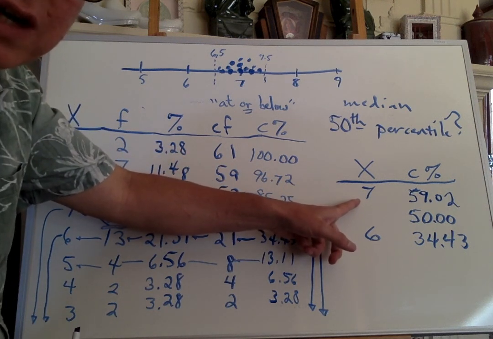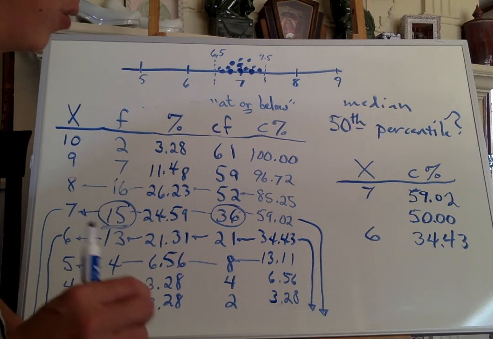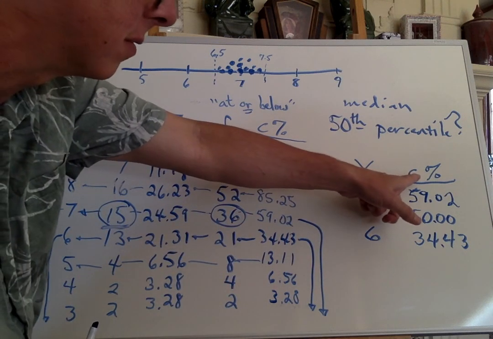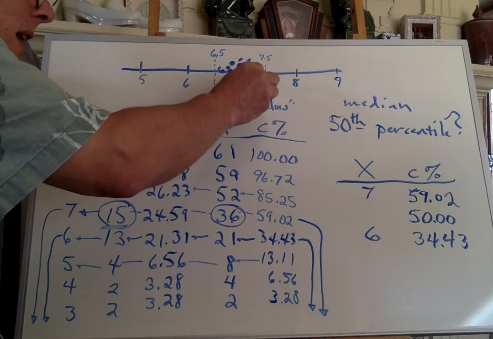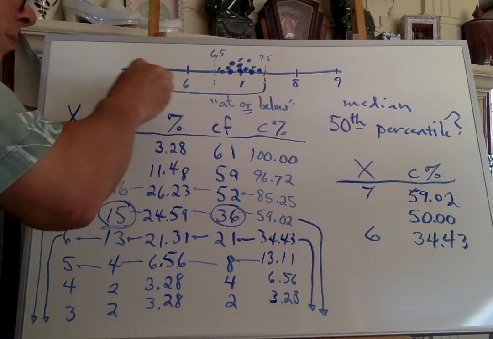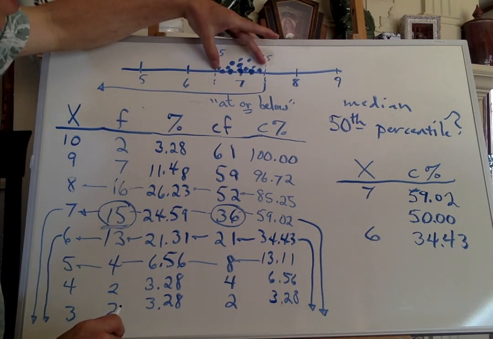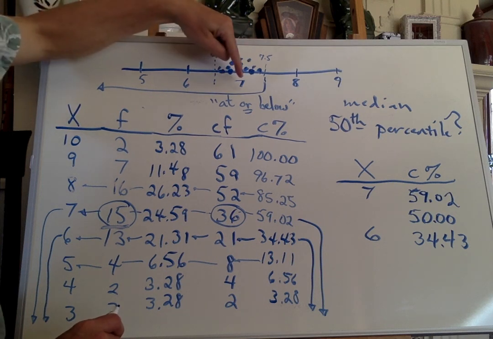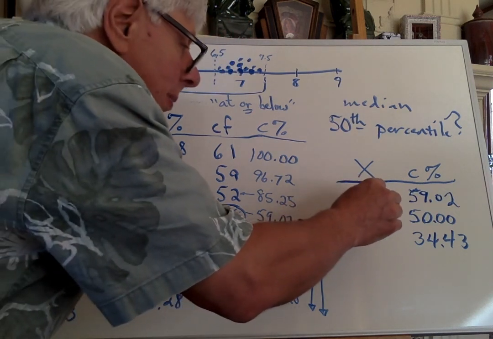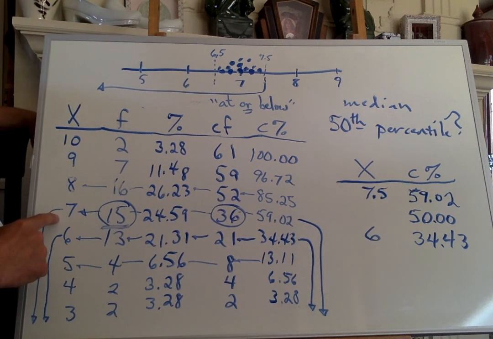I have to be a little bit more careful. Well, what should I say? Well, listen, we have a little bit of help here because this is cumulative percentage. So what I'm going to do is say anything at 7.5 or below includes all of these people. If I use 7, I might be missing out on some of these people. So when I do this interpolation, I'm going to use the upper real limit for this number.